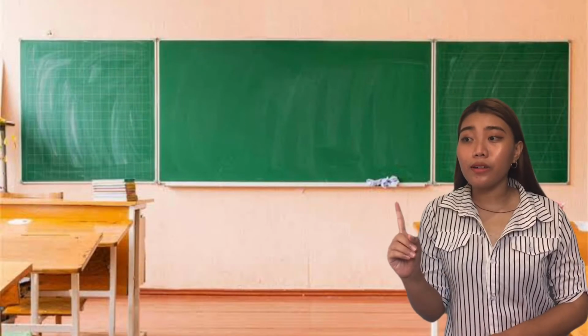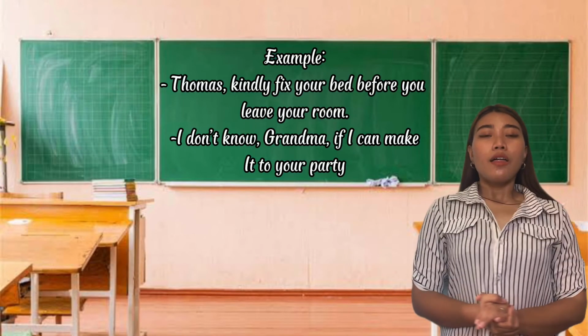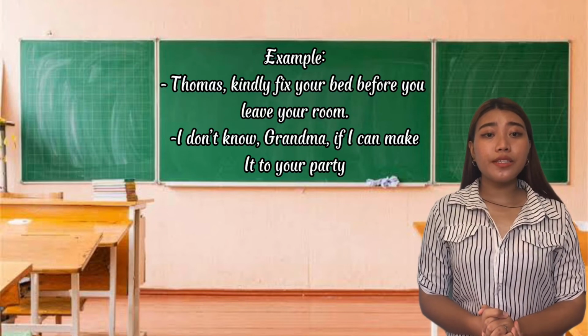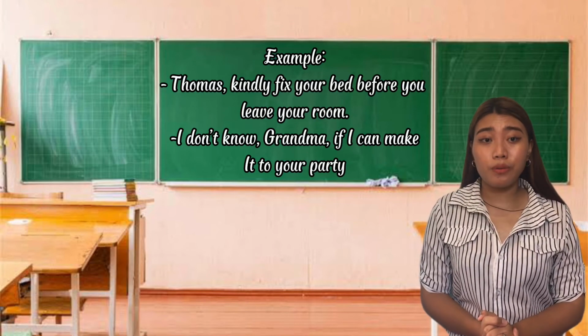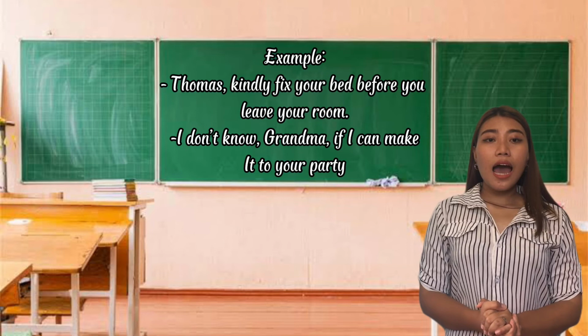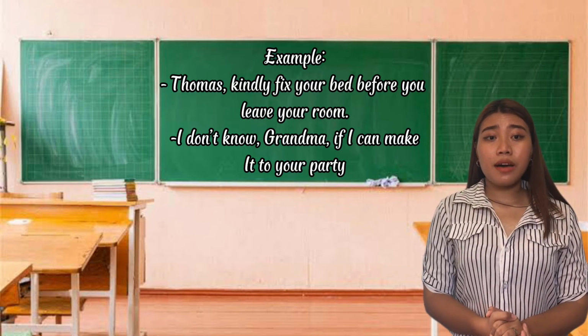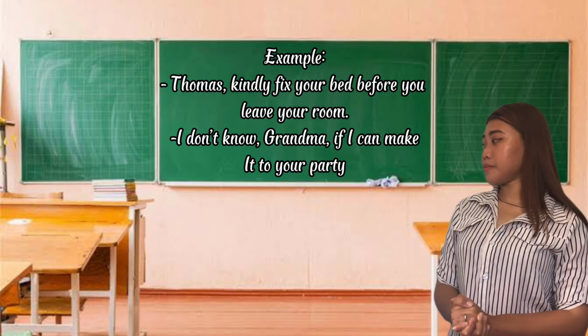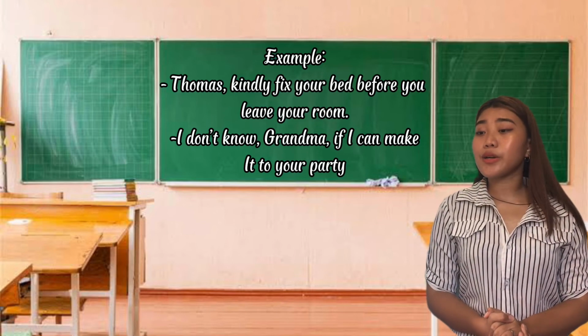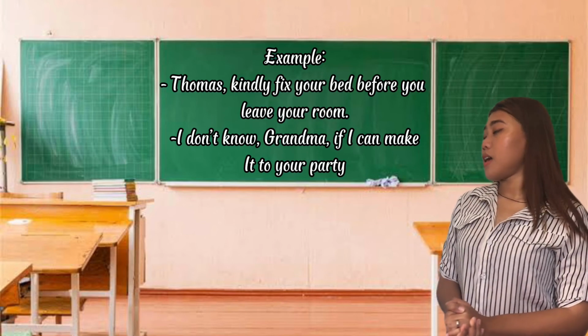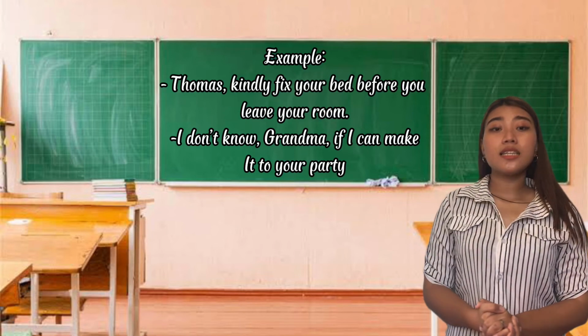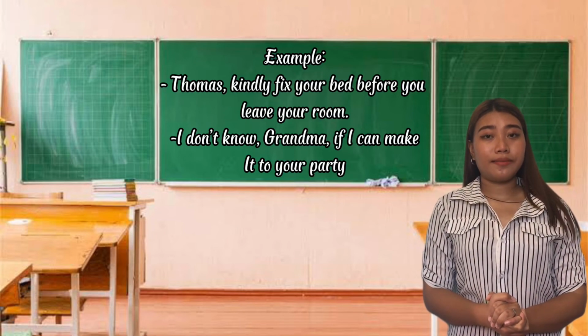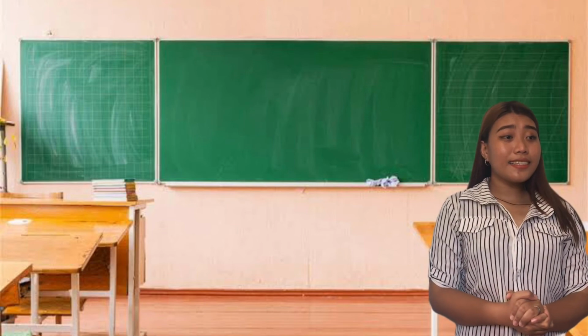For example, Thomas, kindly fix your bed before you leave your room. I don't know, Grandma, if I can make it to your party. Thomas and Grandma both function as direct address. Okay, class?